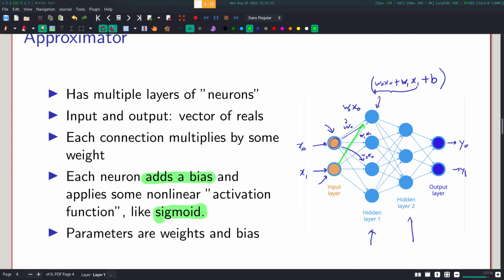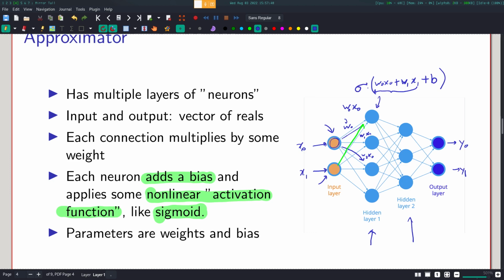In general, it can be any nonlinear function. Linear functions usually don't give rise to good or rich enough behavior, so people use some sort of nonlinear function. One of the examples is sigmoid. There is another much more common example which we'll look at later on, but for now let's think about sigmoid. So you're going to apply some nonlinear activation function, right?